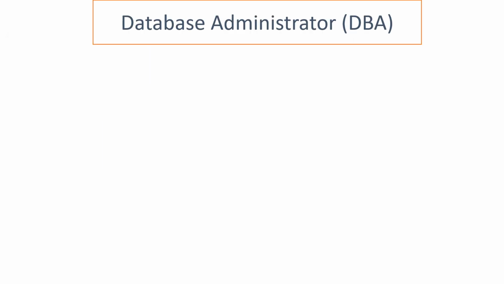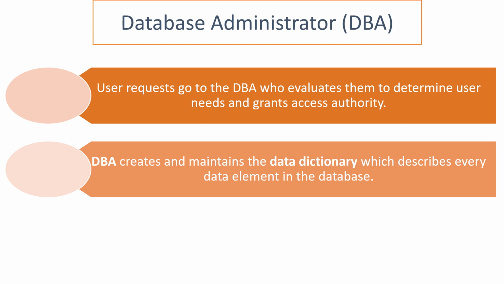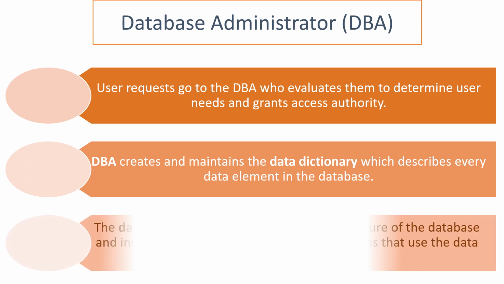Let's have a look at the database administrator's functions and duties. The user's request goes to the database administrator, who evaluates it to determine the users' needs and grant access authority. The database administrator creates and maintains the data dictionary, which describes every data element in the database.